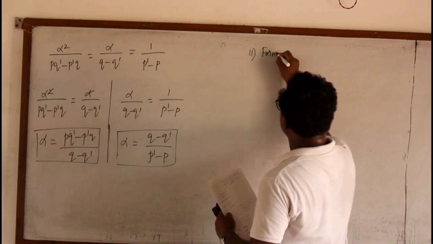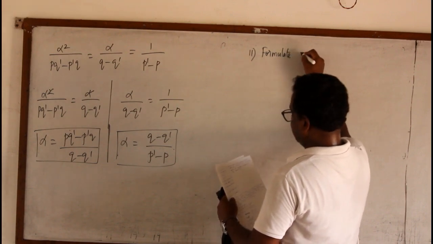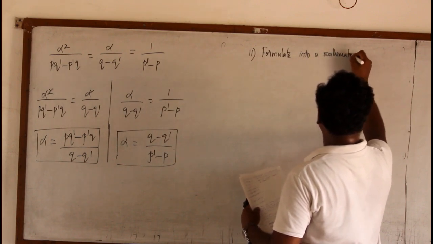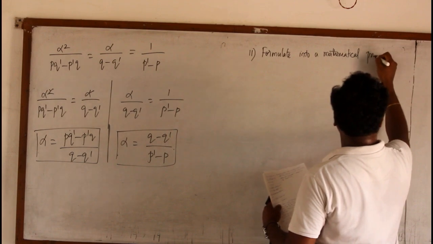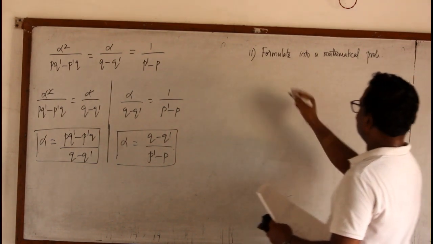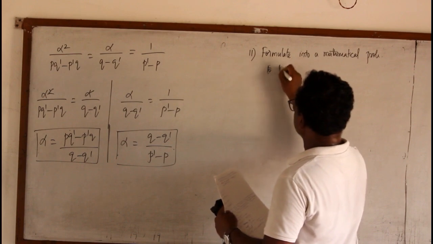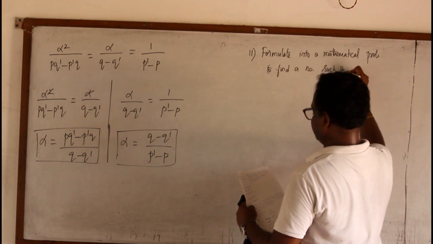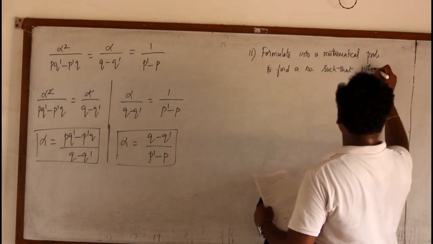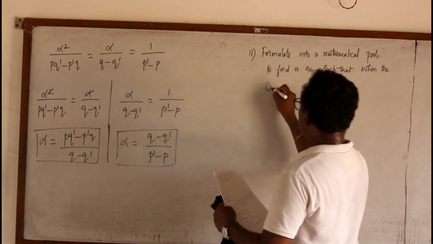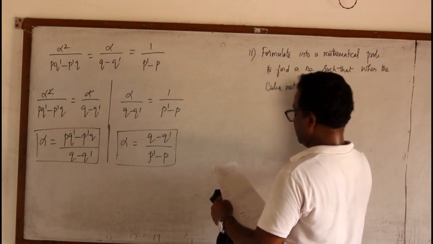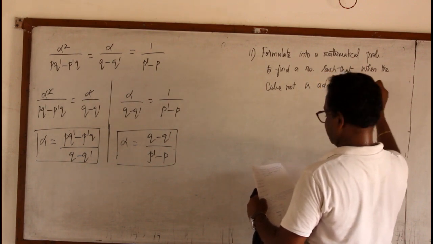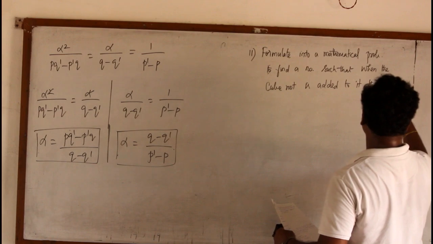Formulate into a mathematical problem: to find a number such that when the cube root is added to it, the result is 6.